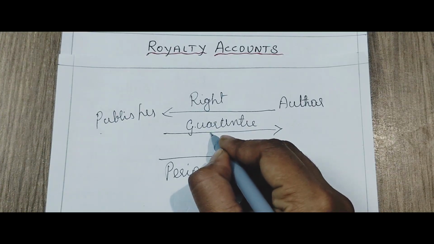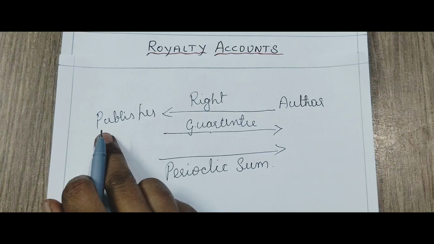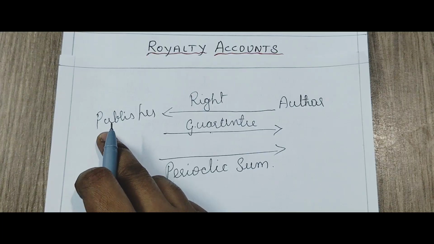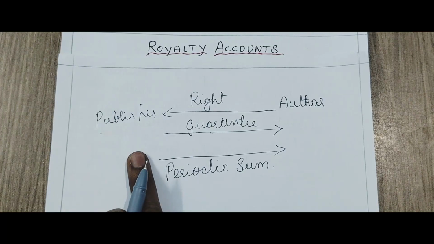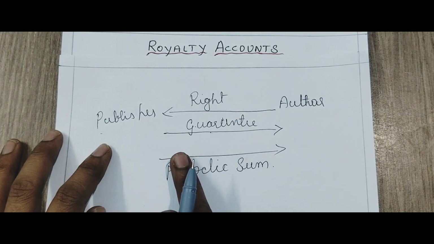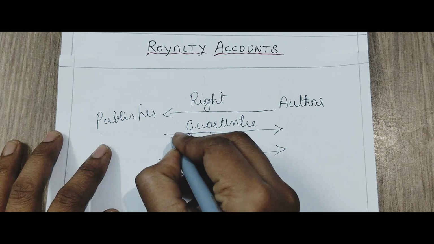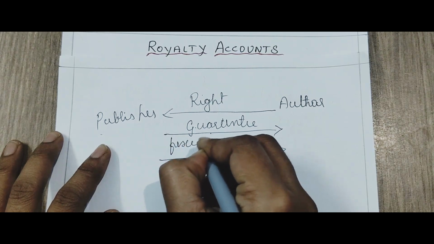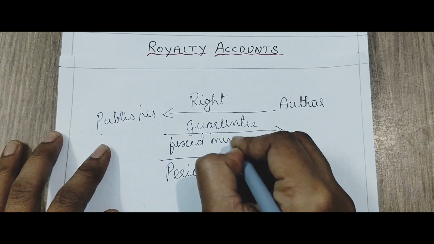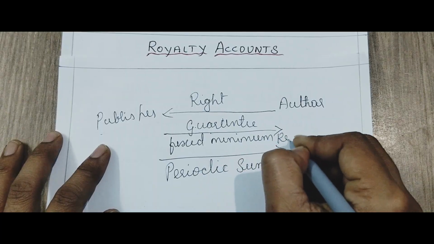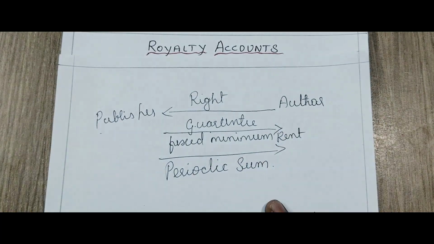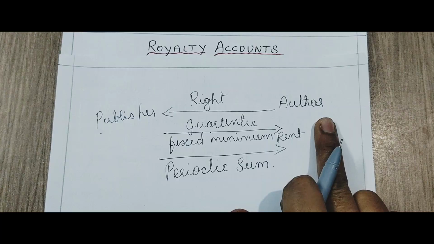After publishing, immediately he may not be able to achieve greater sales, right? So the publisher will guarantee a fixed minimum rent to the author.